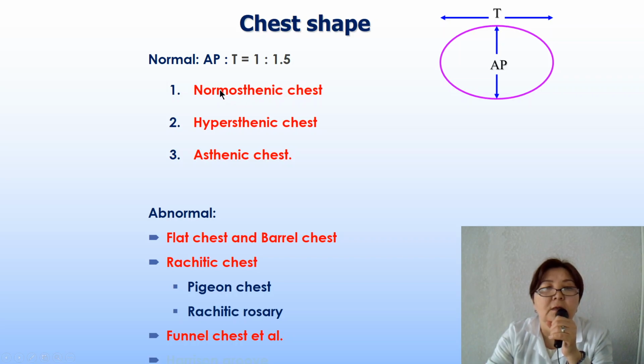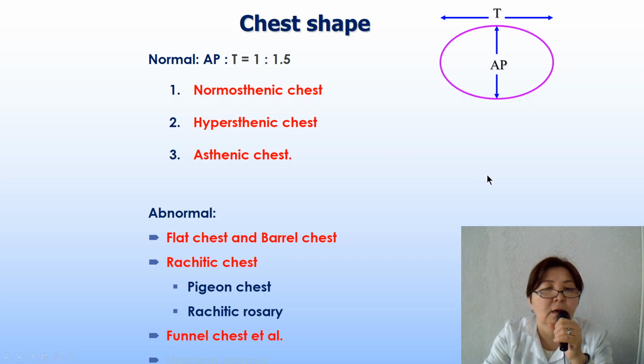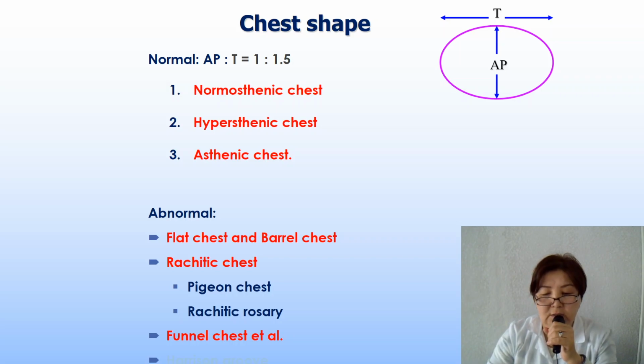This pertains to normosthenic chest, and normal chest shapes are normosthenic, hypersthenic, and asthenic. Abnormal chest shapes are flat chest and barrel chest, rachitic chest, including pigeon chest, rachitic rosary, and funnel chest.